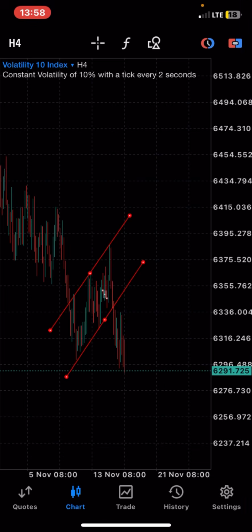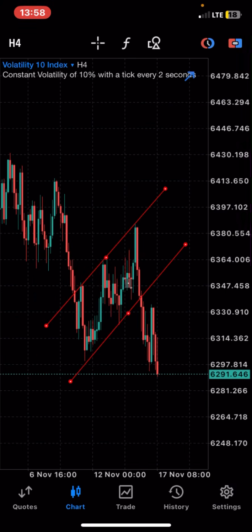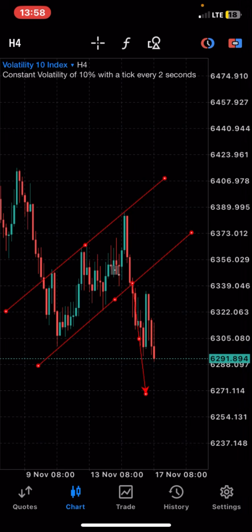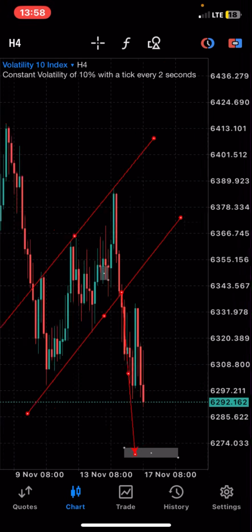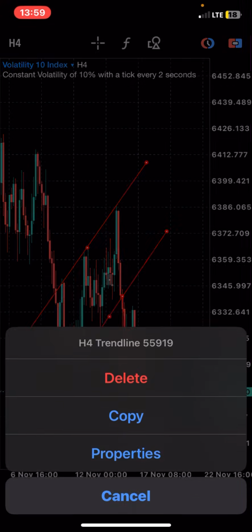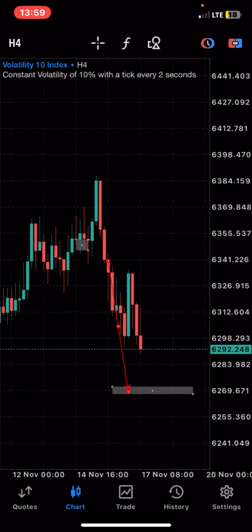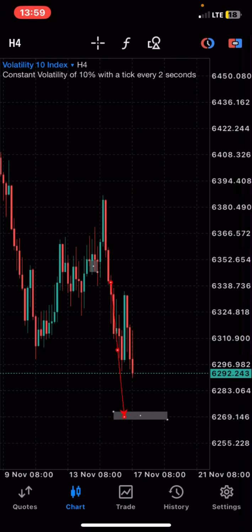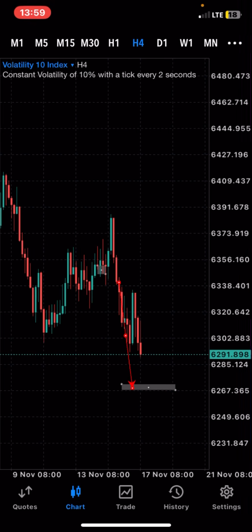For all of you price action guys, we already know, or we were anticipating, price to come to this area down here. So that being the case, we are seeing that we are in an overall downtrend.